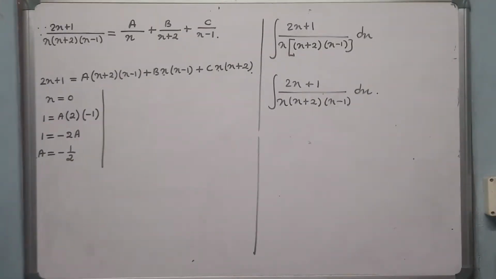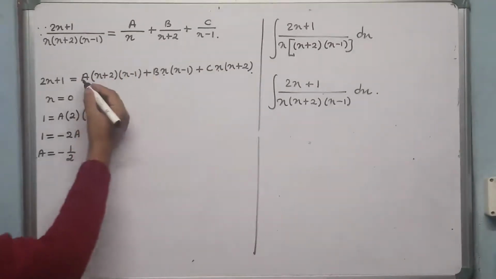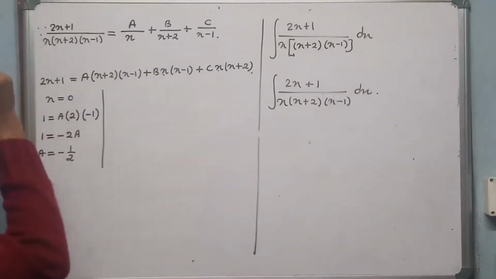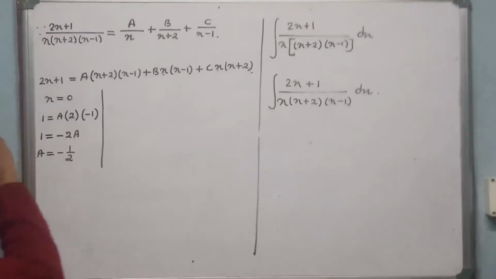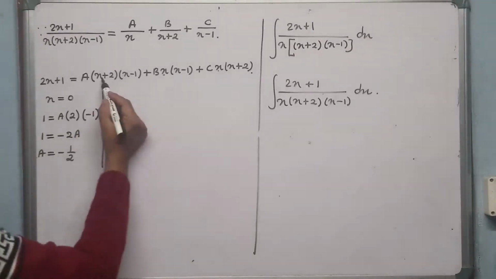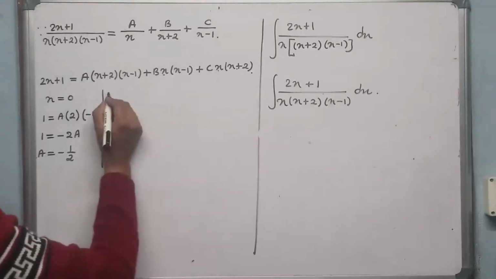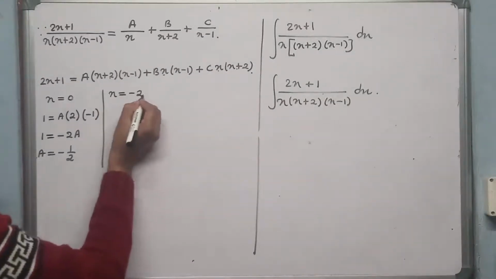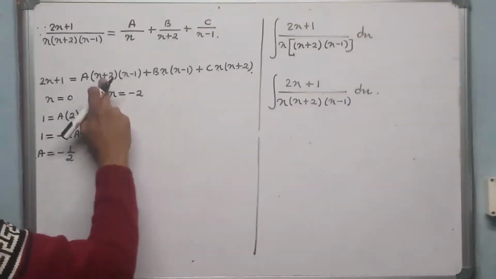Now after getting A, next we'll calculate the value of B. To calculate the value of B, you have to make A and C zero. Is there any common quantity of x between A and C? (x + 2) is present over here, (x + 2) is there. So if I consider x equals −2, then −2 + 2 is 0, and these two quantities will be 0.